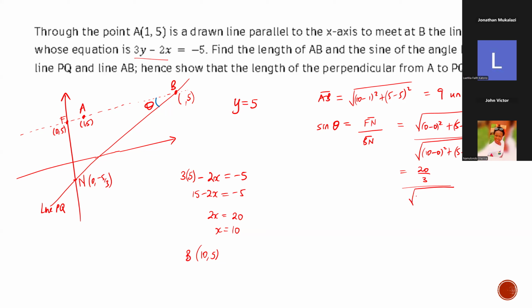So let me write that, 100 plus 400 over 9. That's 1300 over 9. So 20 over 3 divided by the square root of 1300 over 9.